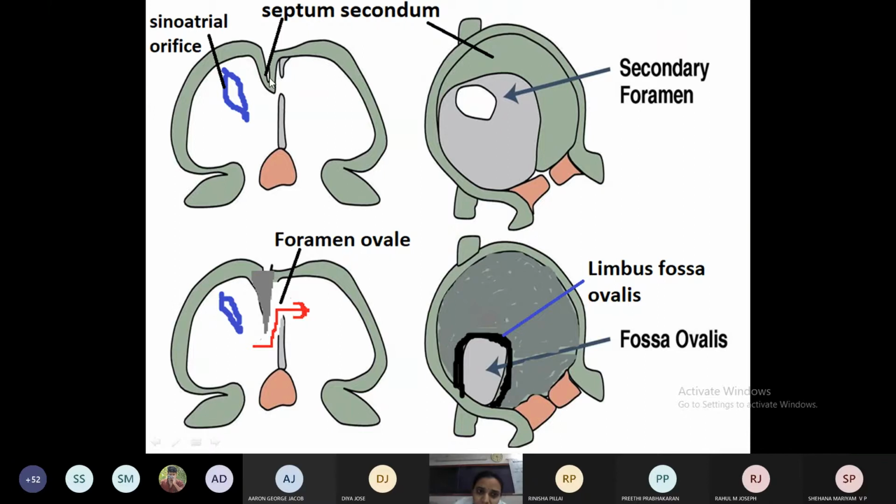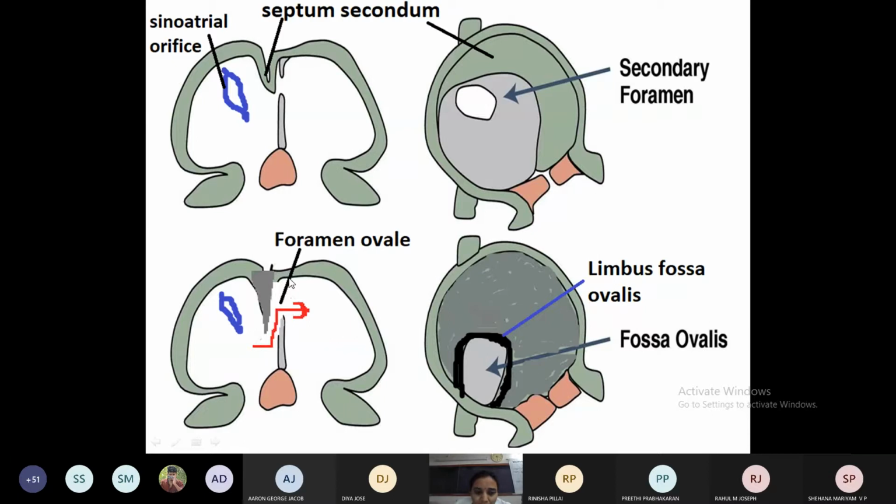Just to the right of that, one more septum develops, that is septum secundum. This septum secundum descends down on the right side of the septum primum. It acts like a flap. It allows the flow of blood from right to left, not from left to right.